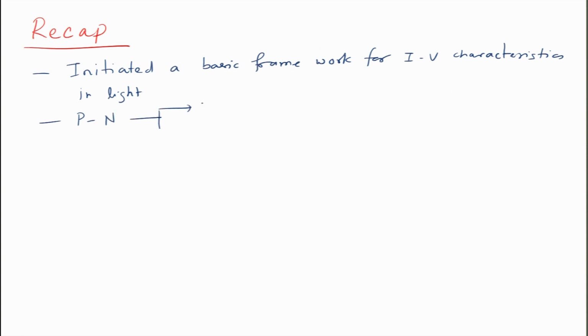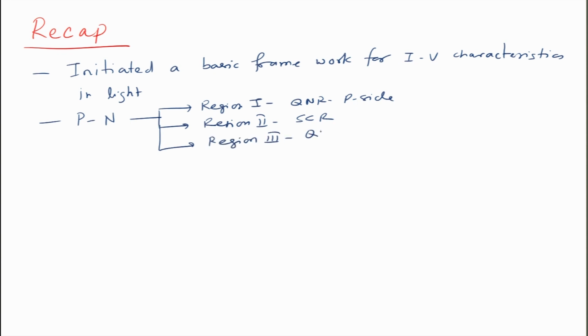We divided the device into 3 regions. One is region 1, the quasi neutral region on the P side. Then region 2, which is the space charge region, that is the depletion region, and then region 3, which is the quasi neutral region on the N side.